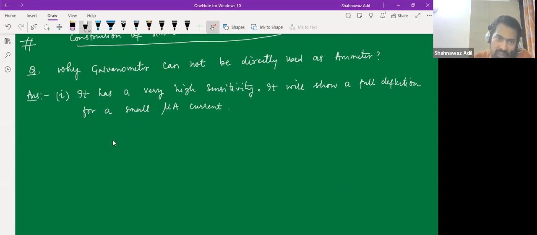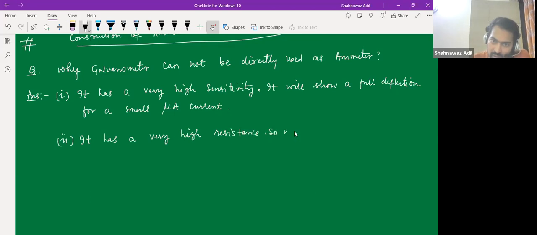This is the first criteria. And the second criteria is that it has a very high resistance. So we cannot measure current from it accurately.